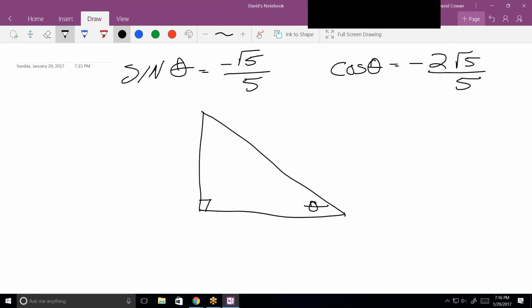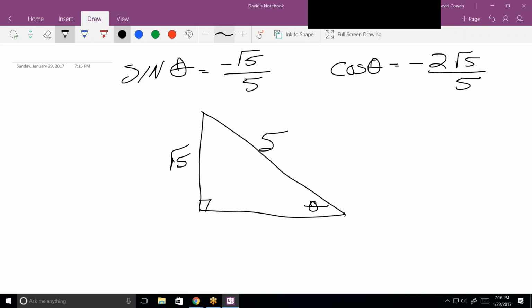Now label that triangle. What's the side opposite theta? Forget the negative sign. Root 5. What's the hypotenuse? 5. Okay, that's the first step, is to label as much of that triangle as you can.